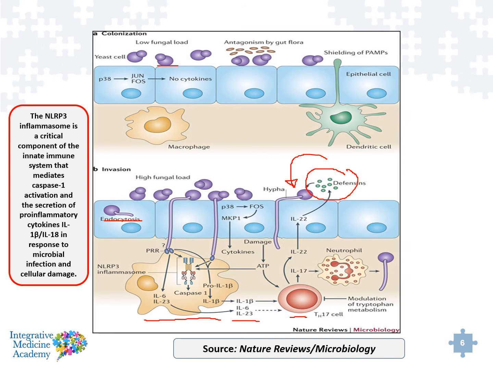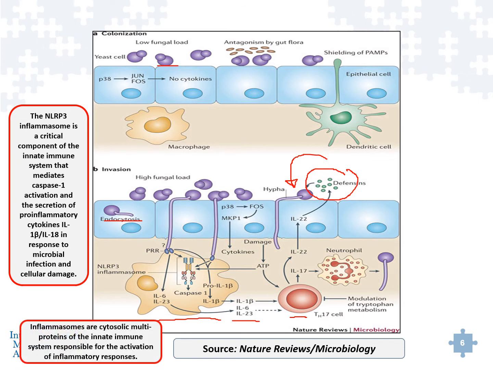But if the system is too robust and we don't have enough defense against the inflammasomes, it can cause tissue inflammation. So again, these are normal responses that are being produced to aid against an invading pathogen. But anytime our immune system overdoes it, or we have some type of chronic problem, we can get chronic inflammation and tissue damage.